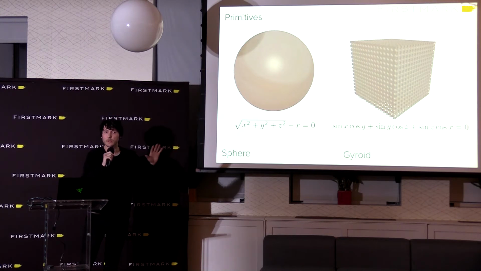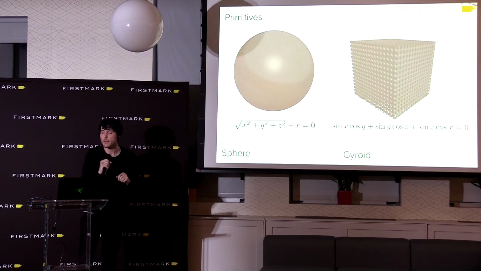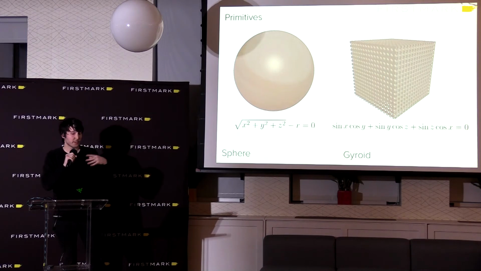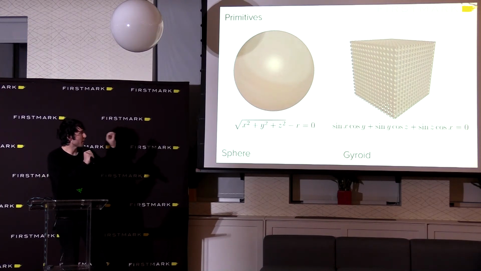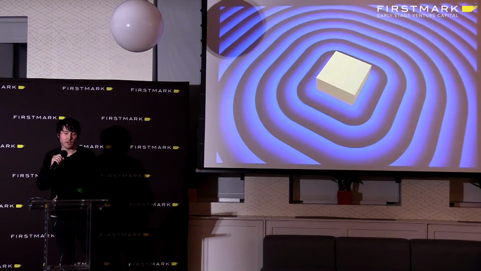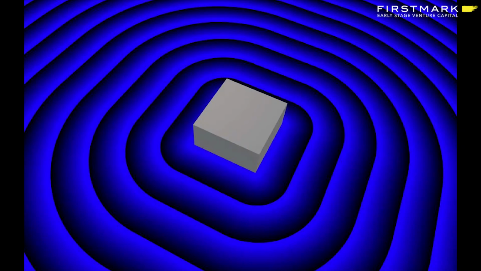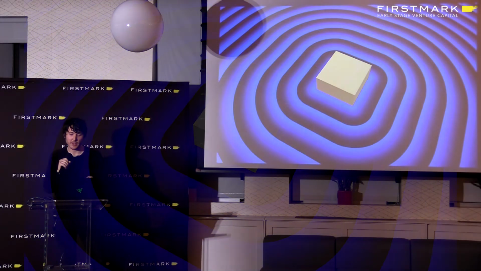Gyroids, which have a lot of applications now for heat sinks, are just sine x, cosine y, et cetera. And so we're storing the pure math function to give us a continuous smooth value to the surface, and then we can extract the surface and render that, which I'm going to get into in a second.